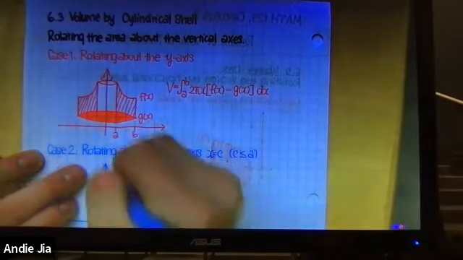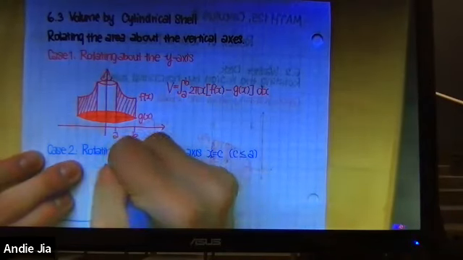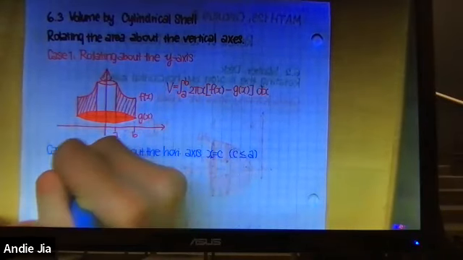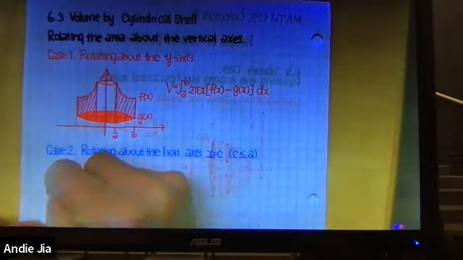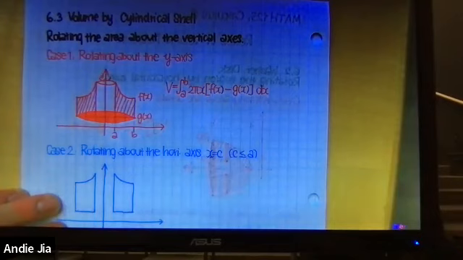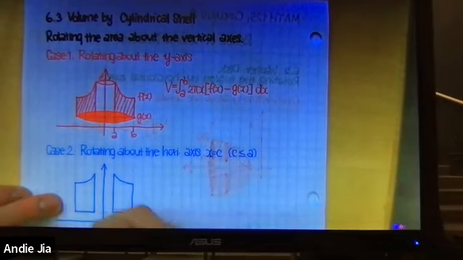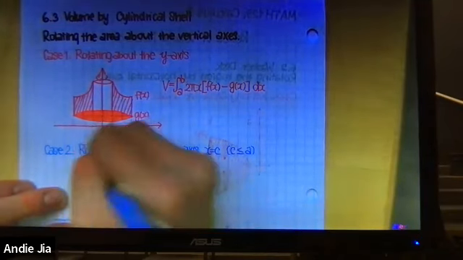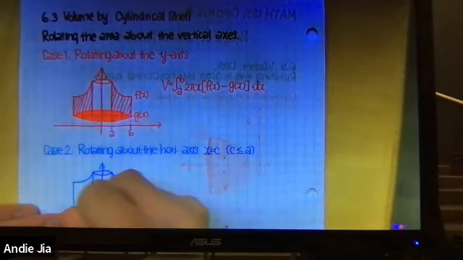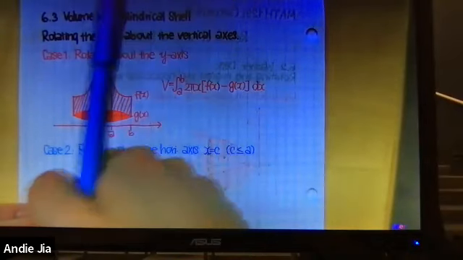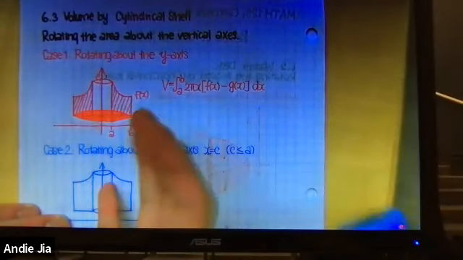Sorry, I couldn't draw it perfectly because I'm a bit nervous when I'm inside of a lecture hall recording these videos. So perhaps this is x equal to c here. Rotating them, it's the shell. This is a cylindrical shell. You see here is a shell, right?